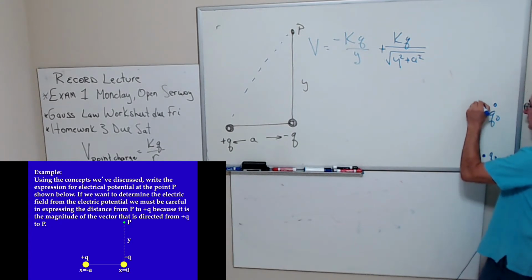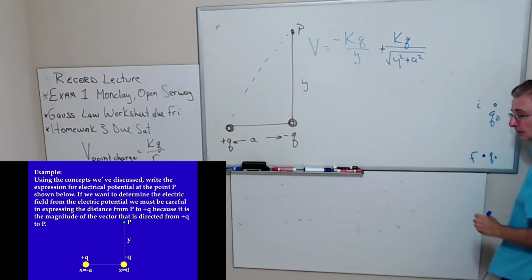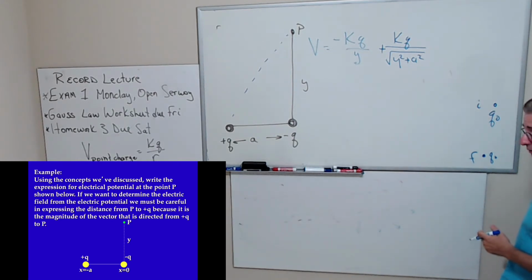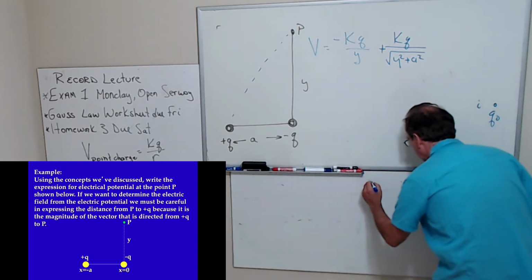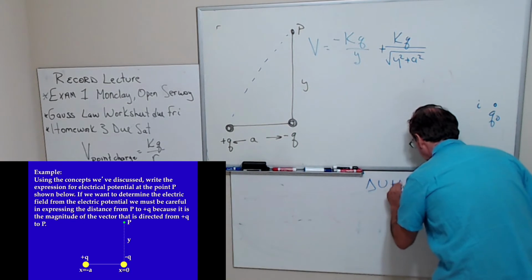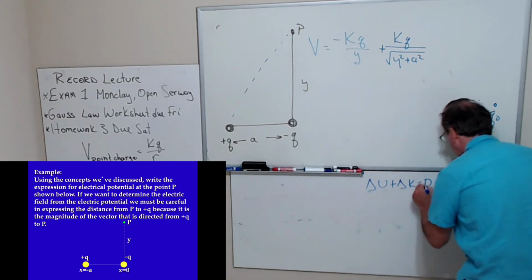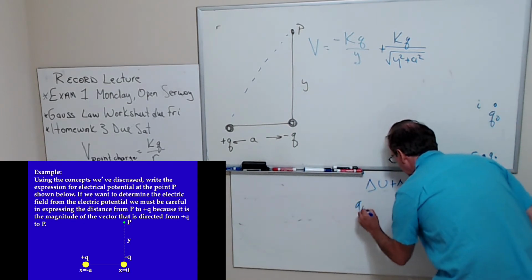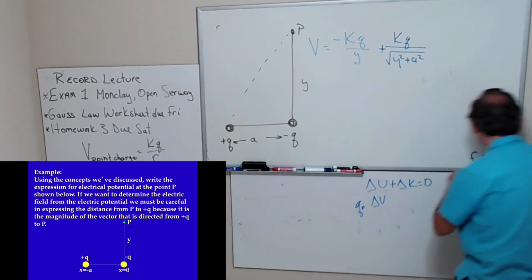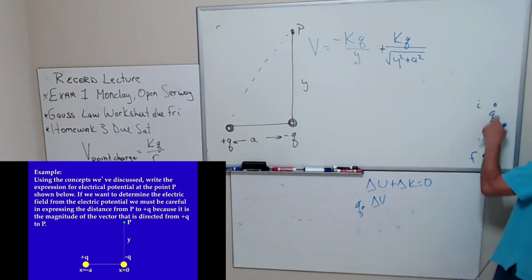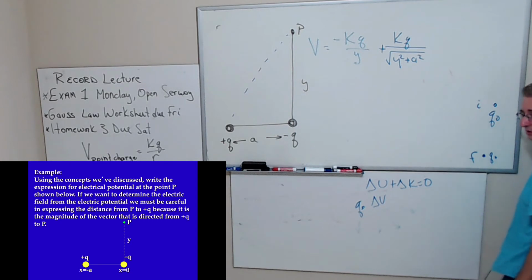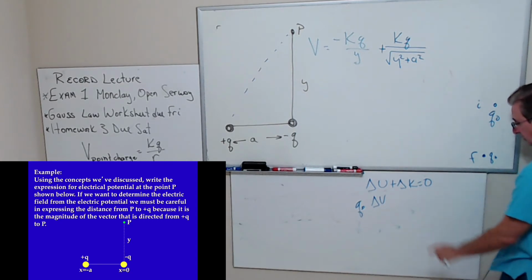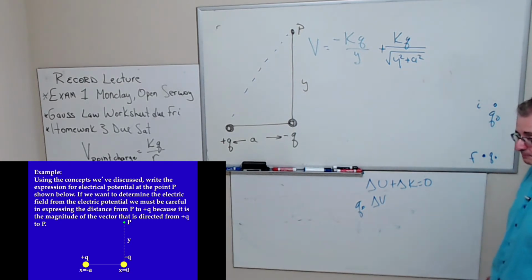So here's the initial position, here's the final position, and I want to know the change in kinetic energy of this particle. I just use delta U plus delta K equals 0. Delta U is Q naught delta V, where delta V is the V here minus the V here due to those charges. Then I can use conservation of energy to solve the problem.